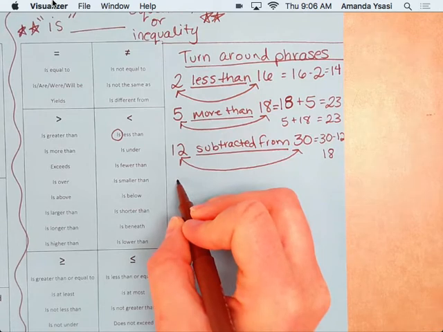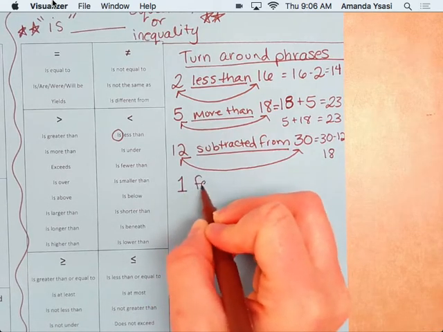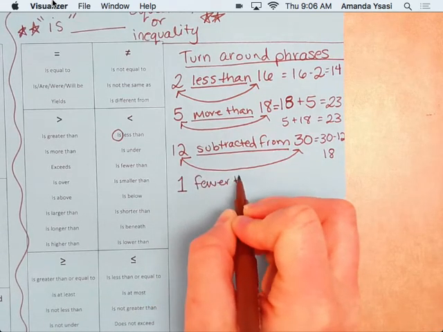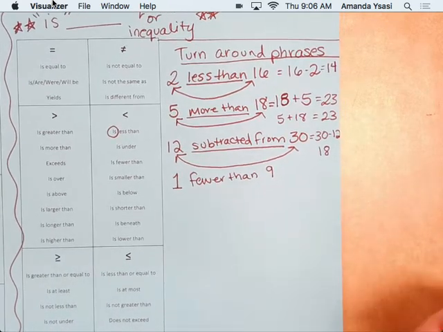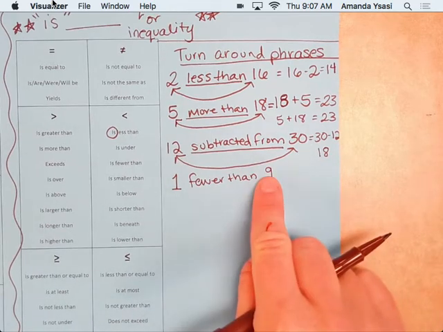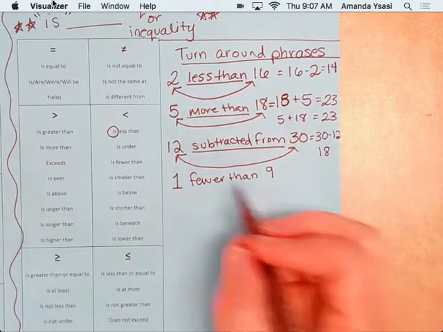Okay. Next one is 1 fewer than 9. One fewer than 9. So that means I have 9 and I'm taking 1 from it.